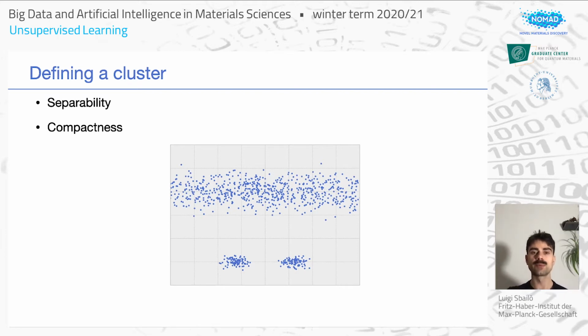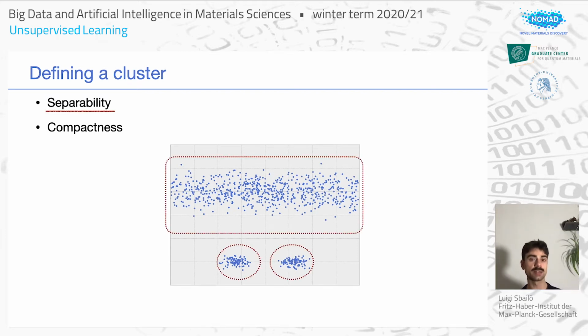If you're looking for separability, the best clustering, I believe, is this one. So we have three clusters, and we have a large cluster on the top and two small clusters in the bottom. They are separable because we see dense points, and there are empty regions, where there are no points, that separate all the different clusters, in our case, the three clusters, from the top and the bottom.